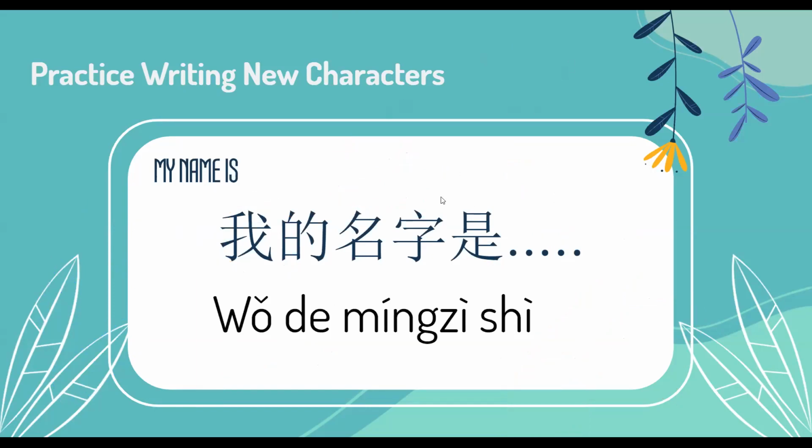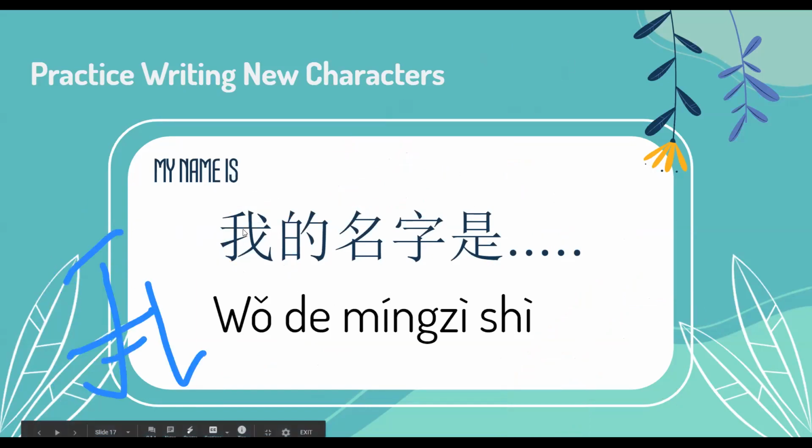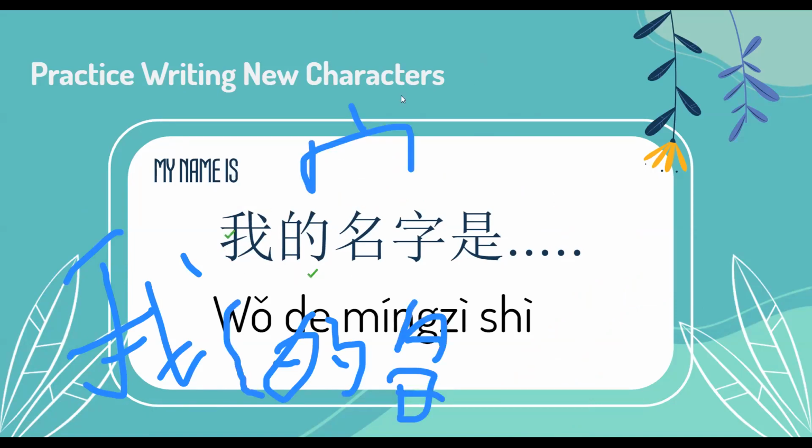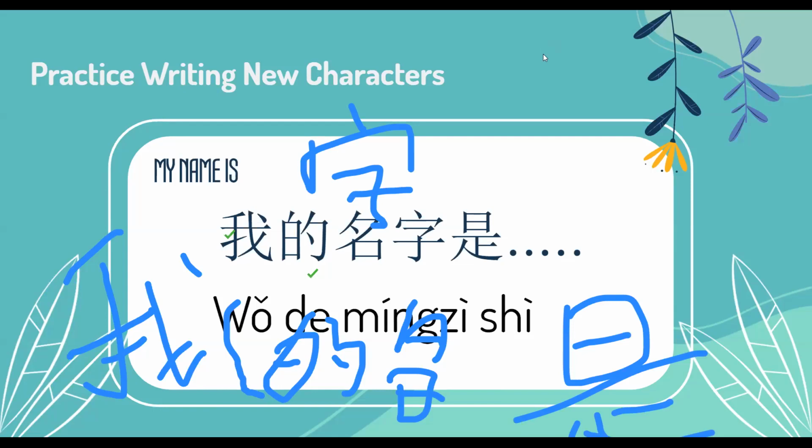So that's 是 and 的. Whoever's writing the whole sentence is doing so well. Yeah, that's really good, especially considering the fact that you're using a mouse or a finger. So that's my name is.